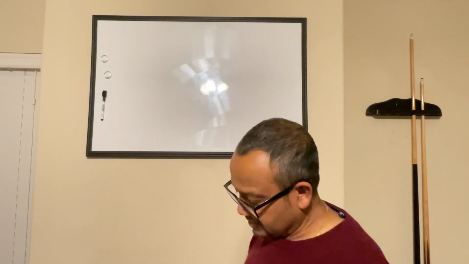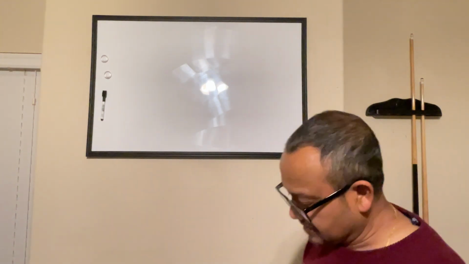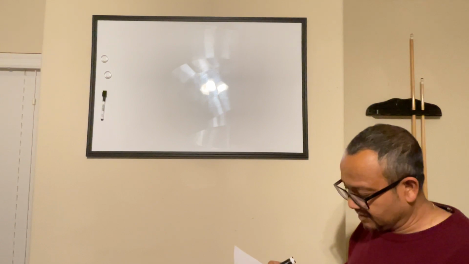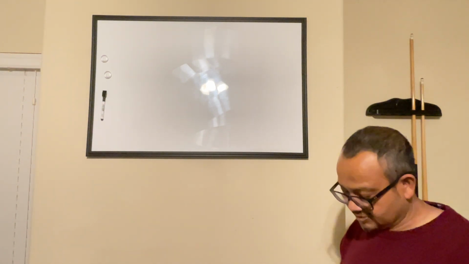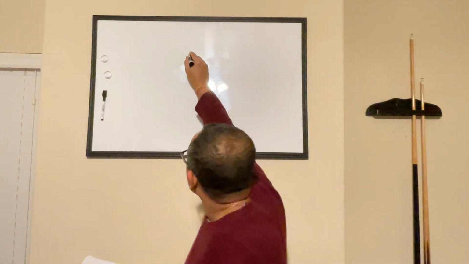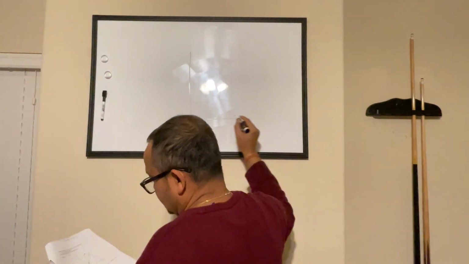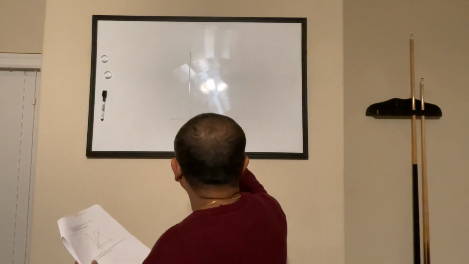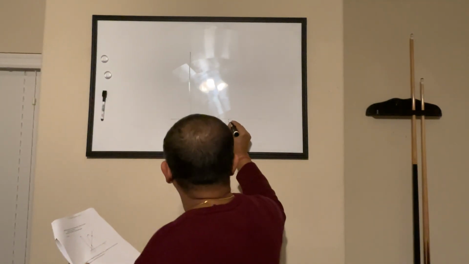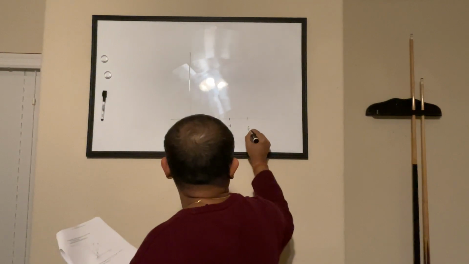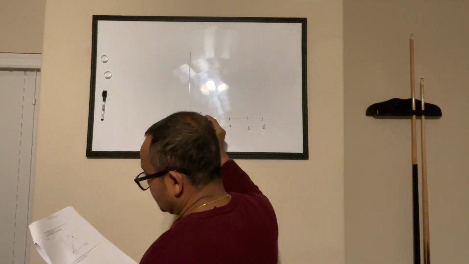First question says, a system of equations is graphed in the xy plane above. Which of the following are solutions to the system? You tell me what is the answer. C, 1 and 3.